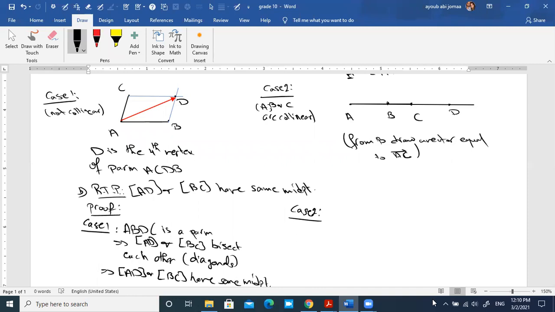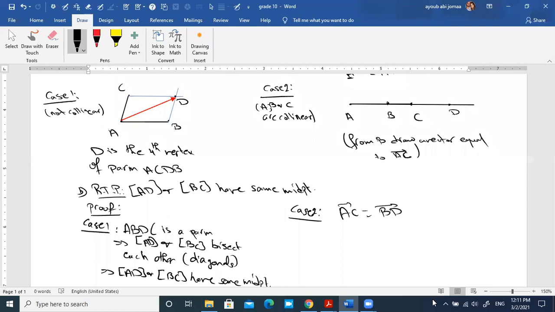May I ask you a question? True? Yes, sure. If we prove AB equals CD and AC equal BD, does that work? AC is equal to BD, as vectors or segments?